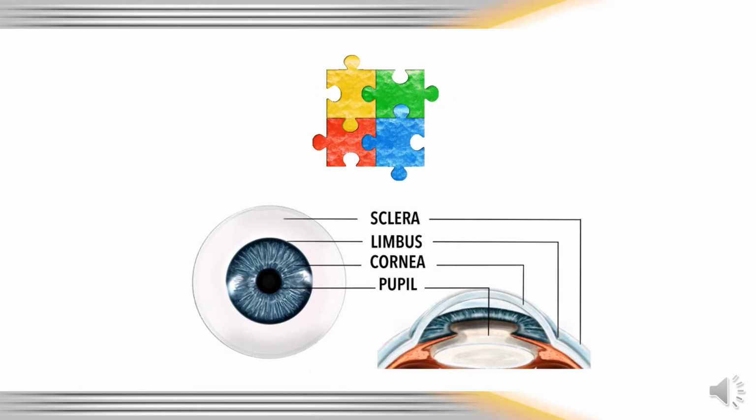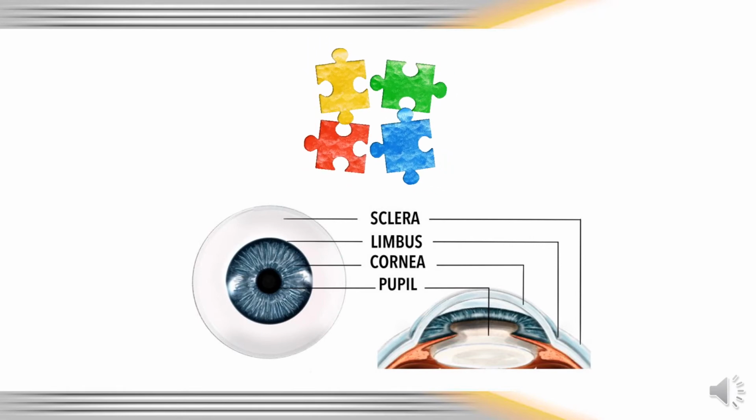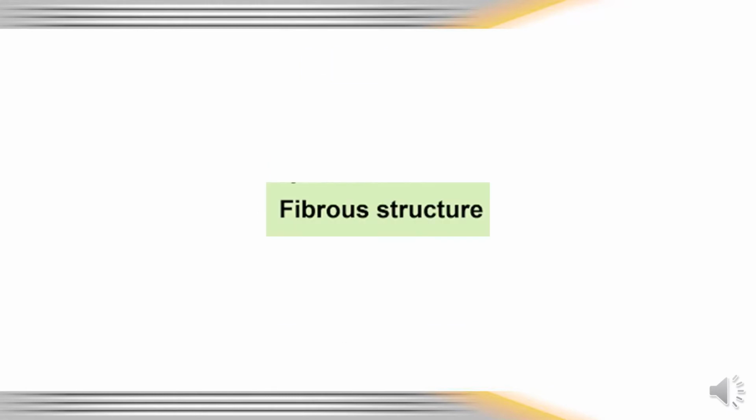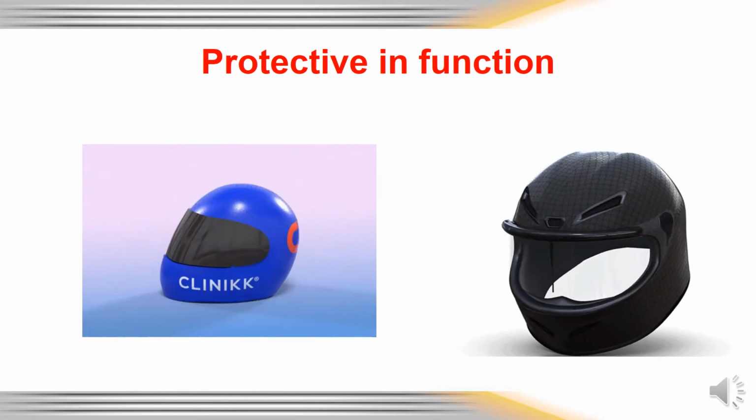They are continuous with each other at the corneoscleral junction or the limbus. This is the limbus or the corneoscleral junction. It is fibrous in structure and protective in function.